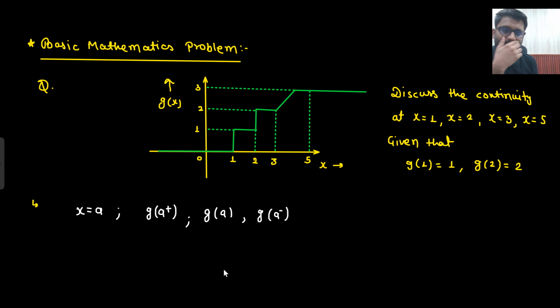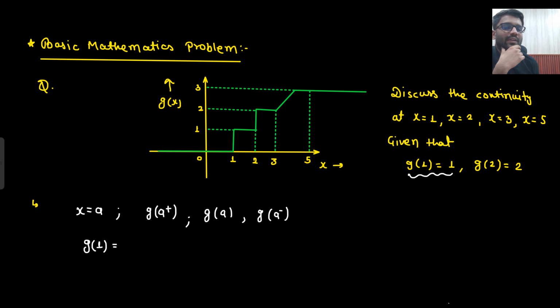So at x equals 1, if I give you this graph and I ask you what is the value of G1, that means the value at x equals 1, you will say, sir, it is not defined. In signals and systems, I told you that if there is a sudden jump, you cannot define the value. But in the question, what is given?